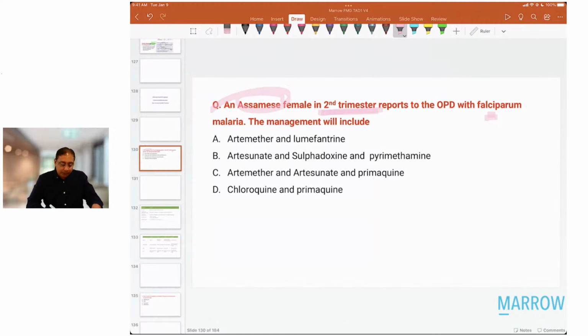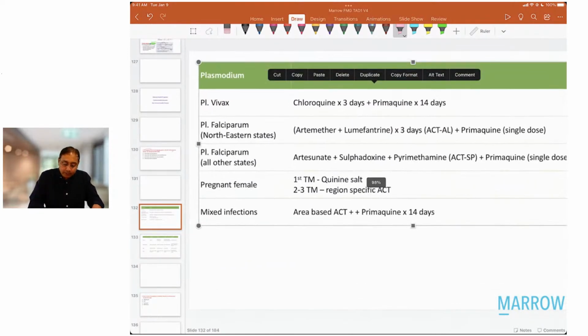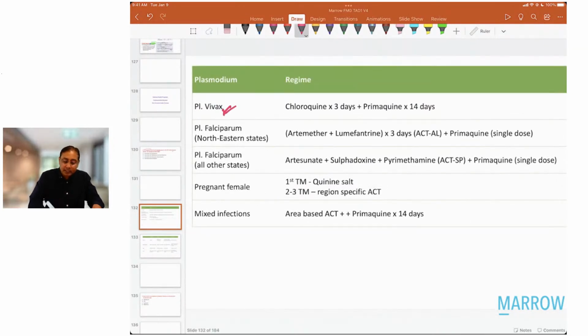Management will include. So please remember that the management for Plasmodium vivax infection, that is chloroquine plus primaquine. For falciparum in northeastern states, it is ACT-AL, that is artemisinin based combination therapy, artemether plus lumefantrine for 3 days plus primaquine.